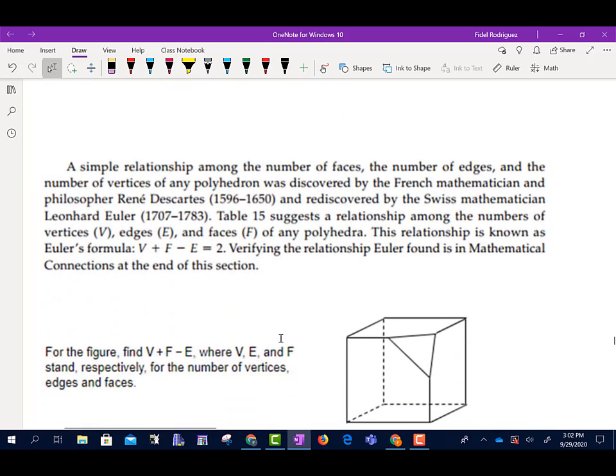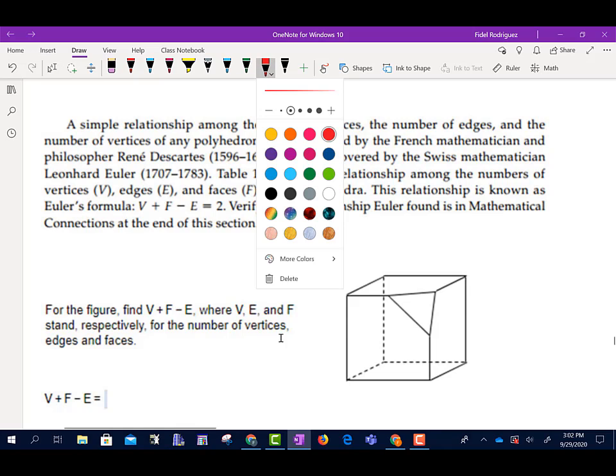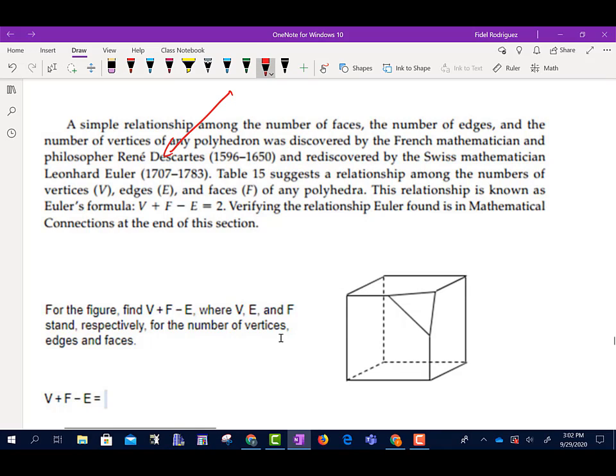It says a simple relationship among the number of faces, the number of edges, and the number of vertices of any polyhedron was discovered by the French mathematician and philosopher René Descartes. If you've ever heard the expression, I think, therefore I am, this is the person who came up with that.